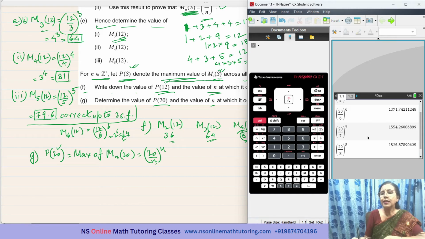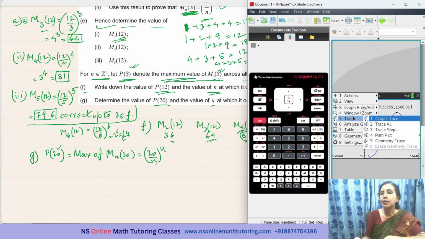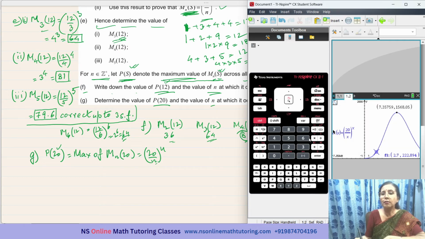This is the way that you can find it using the calculator, or else you can come to this graph and use the graph trace, and see what the value is when x equals 6. You see x equal to 6, 1371.74. When x equals 7, it is 1554.